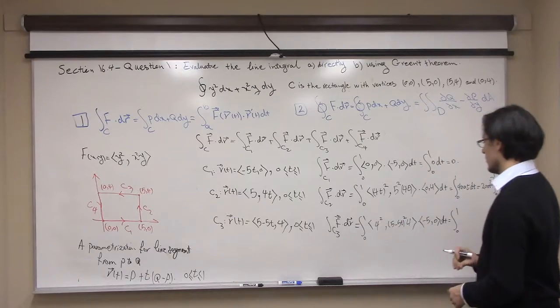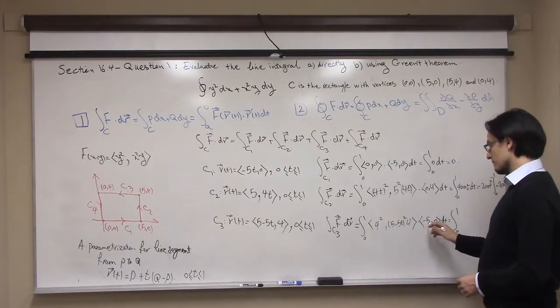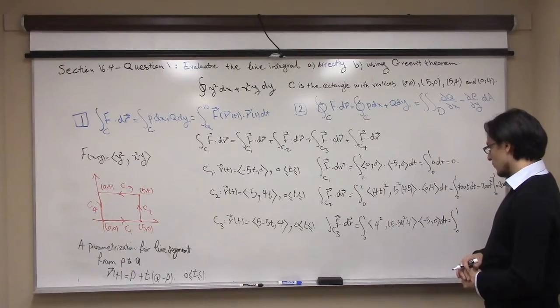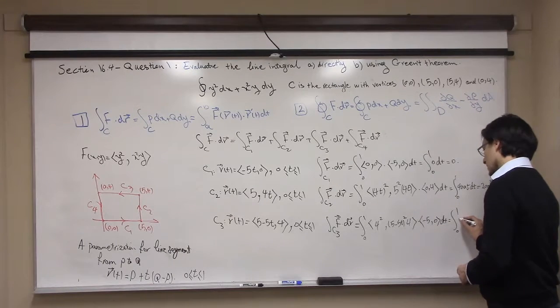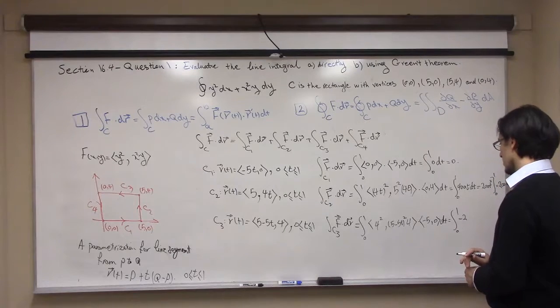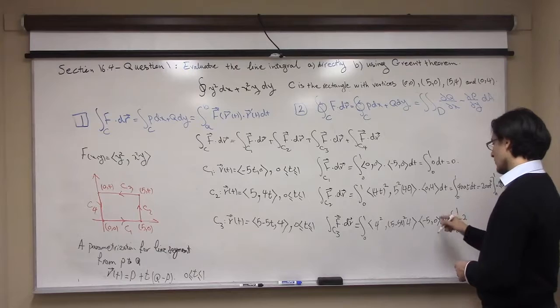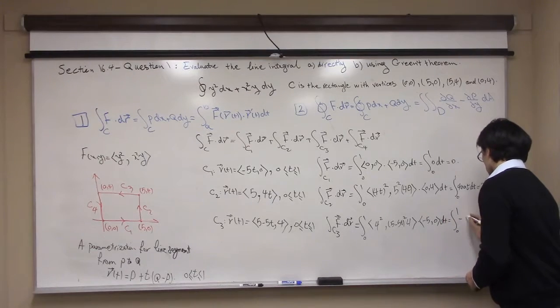It is 4 squared, so it is 16 times negative 5. It is going to be negative 5, 4, 20 times 4, negative 80.